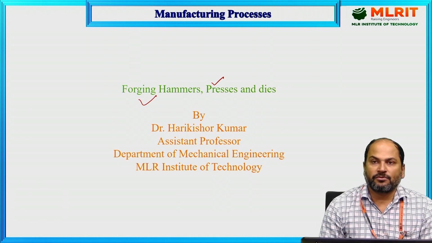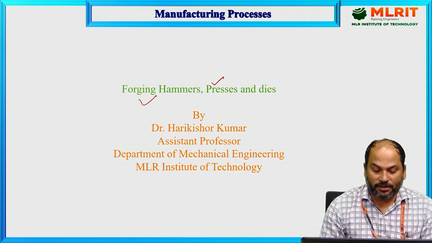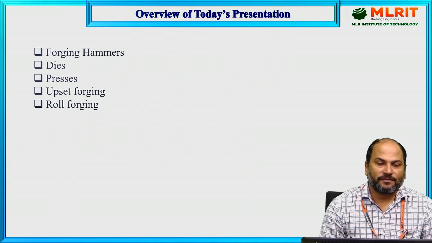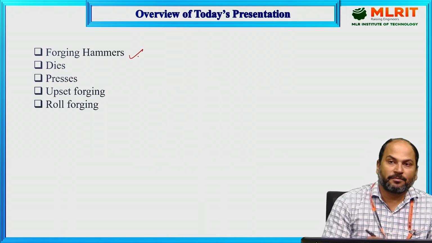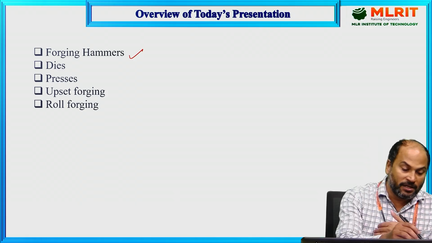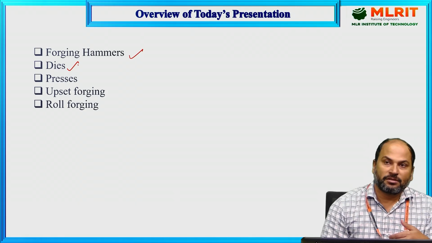And then we'll also discuss the die and the technical terms there. One by one we are going to discuss this. We'll start with the forging hammers, the types of hammers and what happens when we deform the material through a forging hammer. Then we'll see the different die terminologies, the meaning of die.